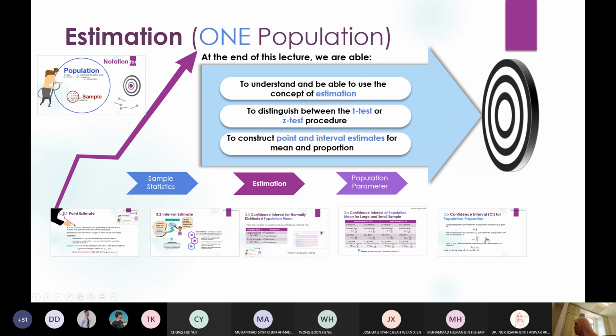If you understand how the structure works in determining the confidence interval, where we need to know whether we are working on a large sample size or small sample size, or whether we are given the variance or the variance is unknown, we know there is a certain procedure that we need to follow.